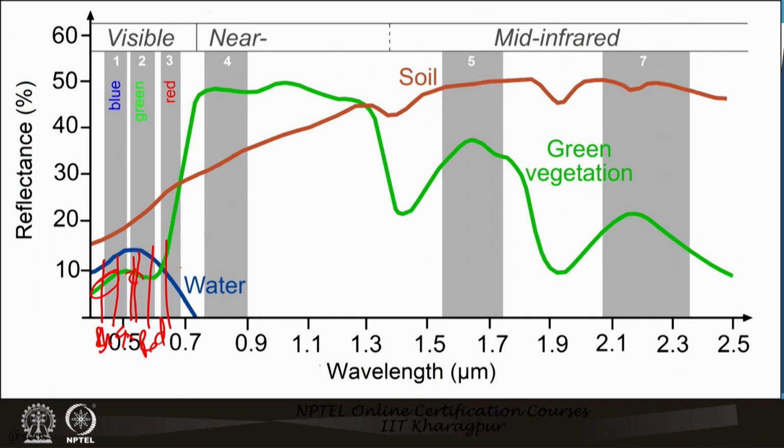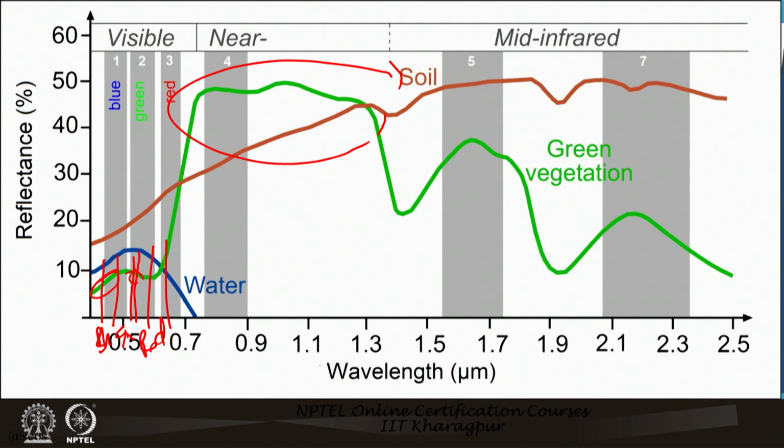Okay. Then in the near infrared zone, it has very high reflectance, which means that vegetation characteristically reflects in the near infrared band. Now, if you use your naked eyes to measure the reflectance of vegetation, you will not be able to distinguish between two vegetations, because you would not be able to sense in the near infrared band.